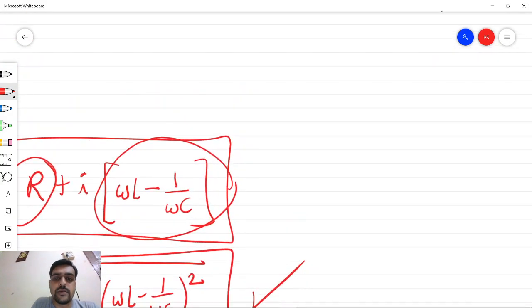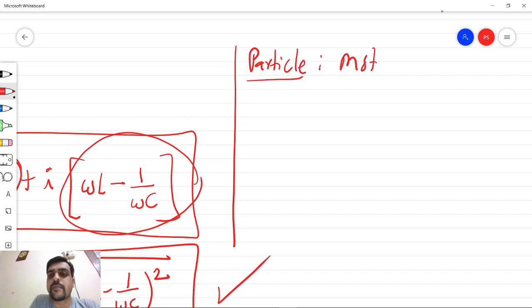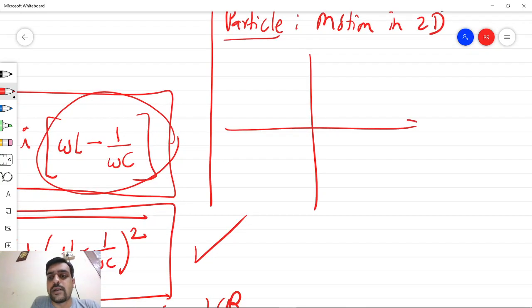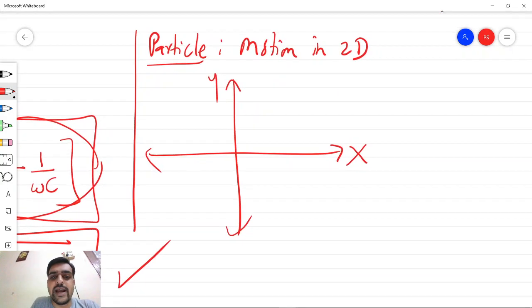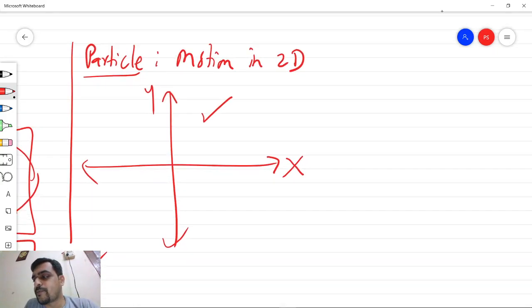We can also learn an example from mechanics. Suppose there is a particle which is performing motion in 2D, and 2D motion is always represented on xy plane, and we recall the fact that a complex number can also be represented on an xy plane.